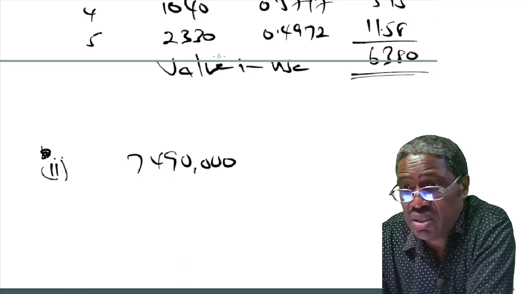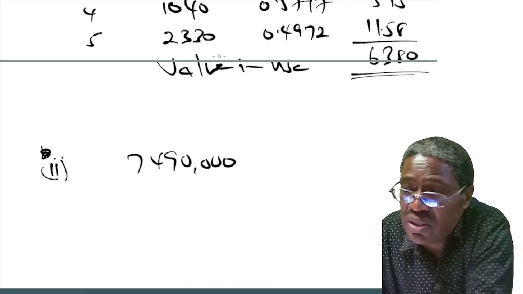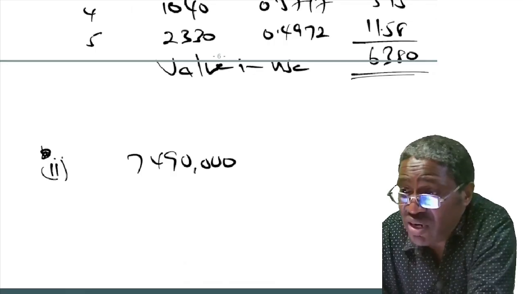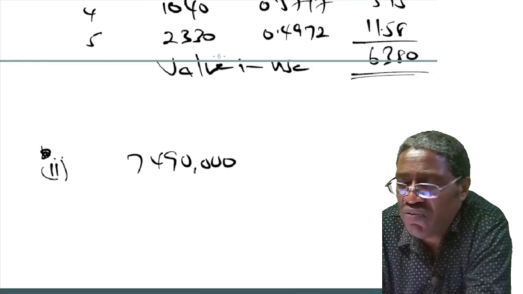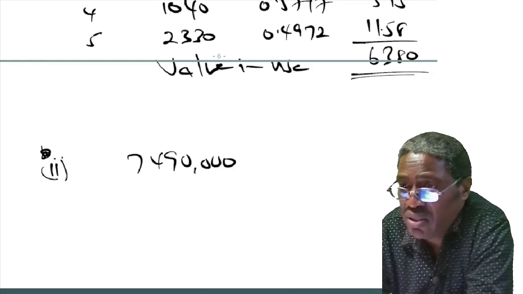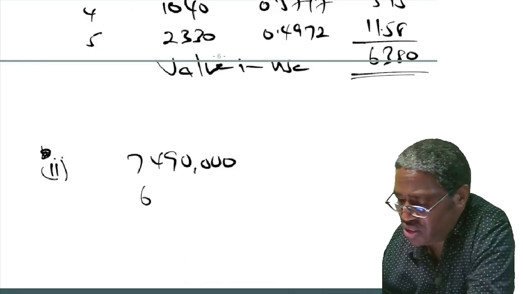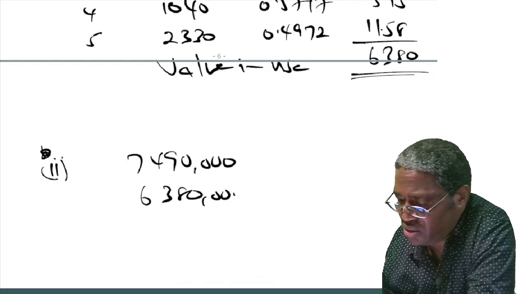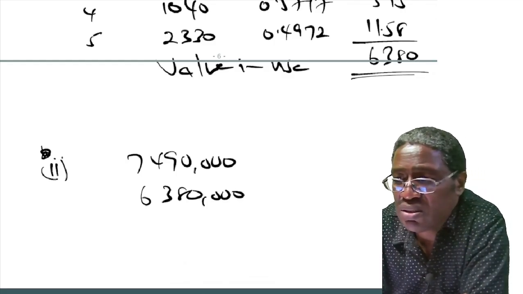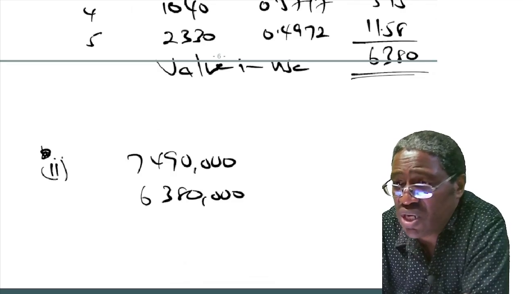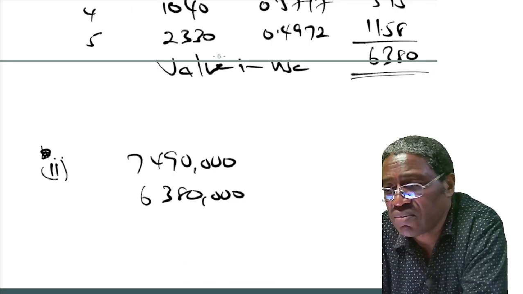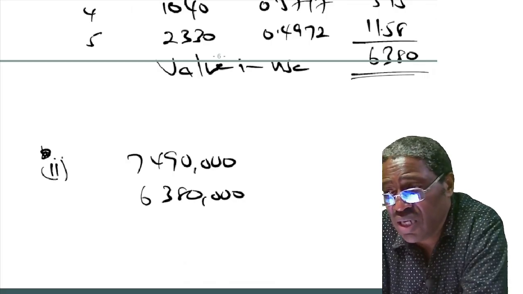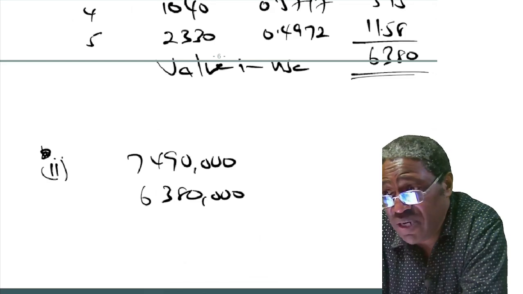Comparing the carrying amount of the asset, shillings 7,490,000, with its recoverable amount, shillings 6,380,000, the asset has suffered an impairment loss.